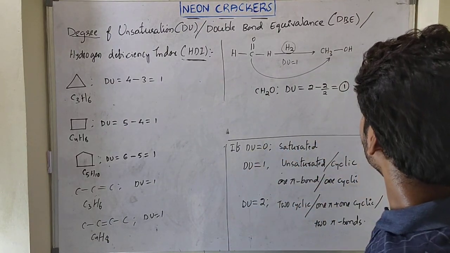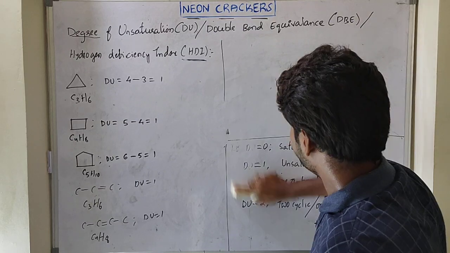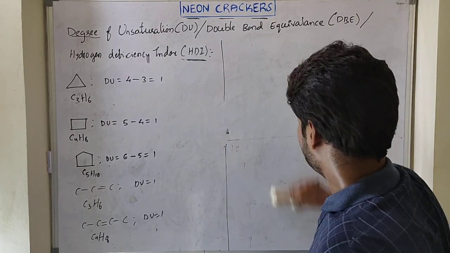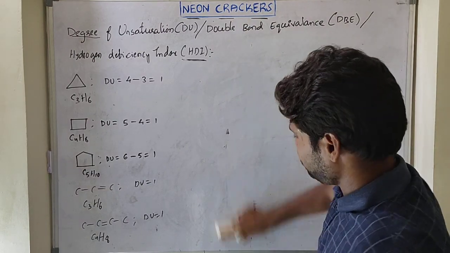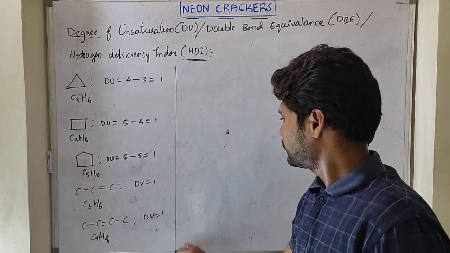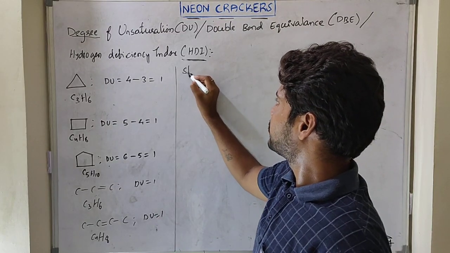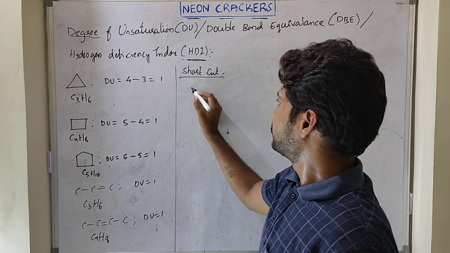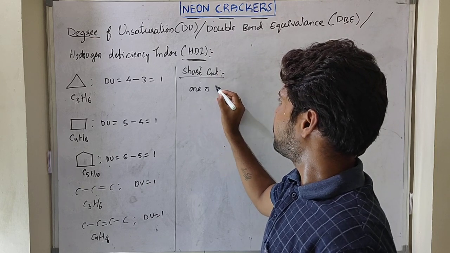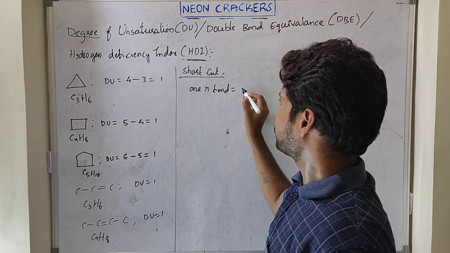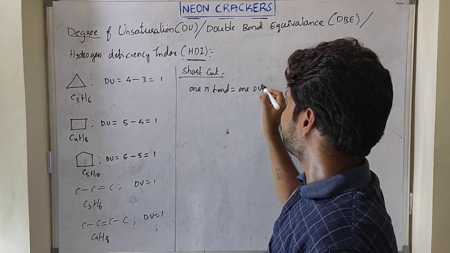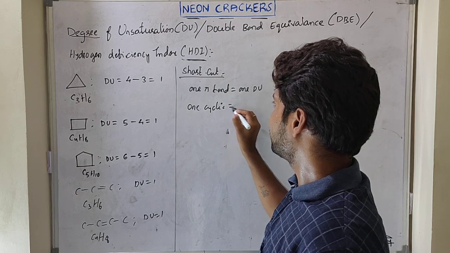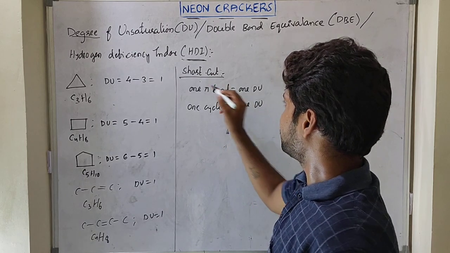Let's see. So what is the shortcut? Complete shortcut: 1 pi bond equals 1 DU, and 1 cyclic equals 1 DU.